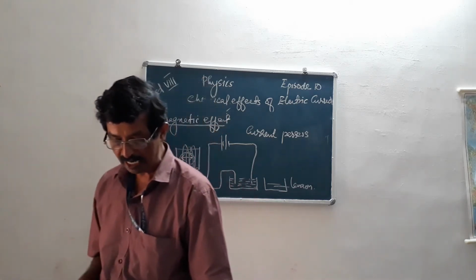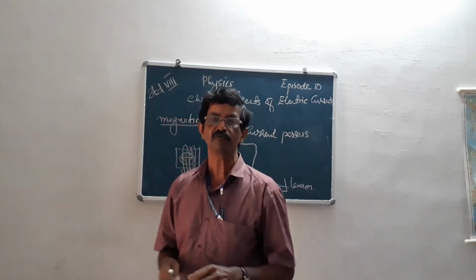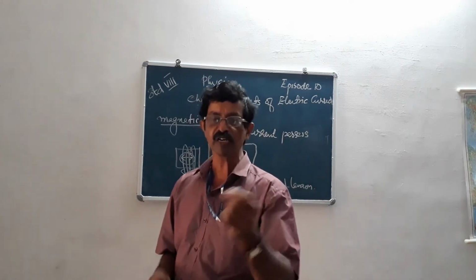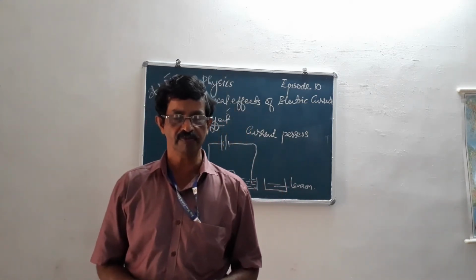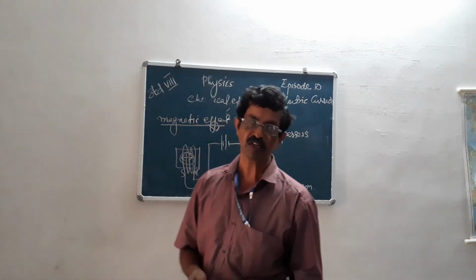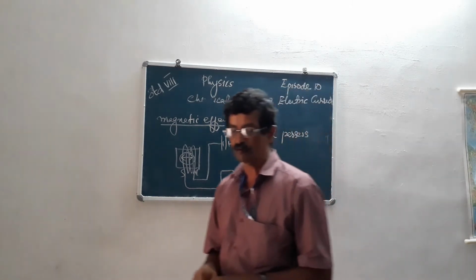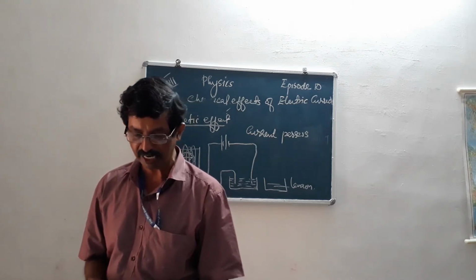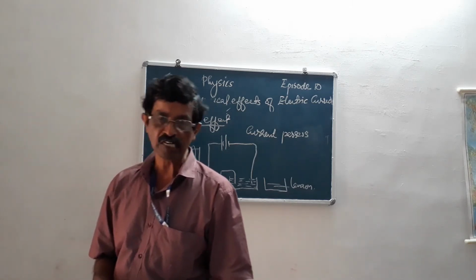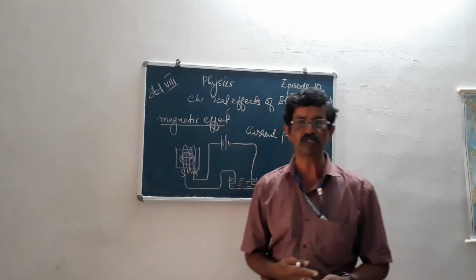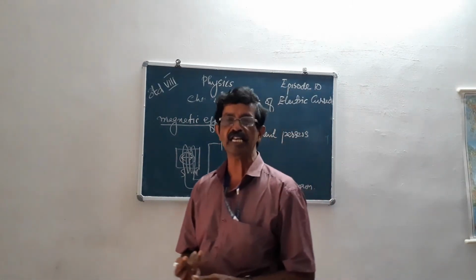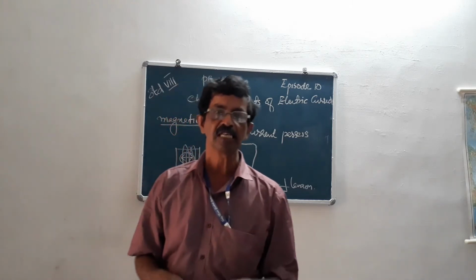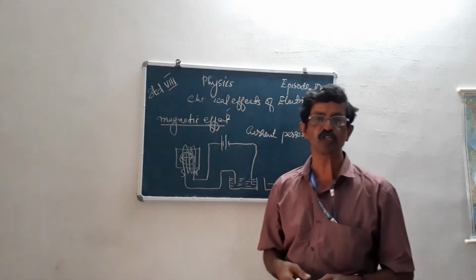Similarly, if we dip the free end of the tester in mercury, we know mercury is a metal in liquid form, so it also shows deflection. It means it is also a good conductor. Then fuels, which are the fuels we use: kerosene, petrol, diesel, etc. If we dip the free end of this tester, it does not show any deflection.